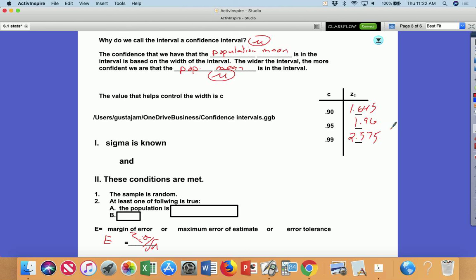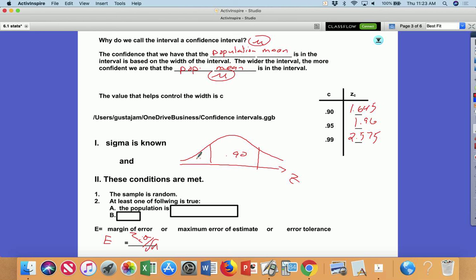Here's where they come from. I think there's one like this on your assignment today that you have to calculate, and I'll explain this more tomorrow. If you have a 90% confidence, then you're calculating the Z-score that cuts out the middle 90%.